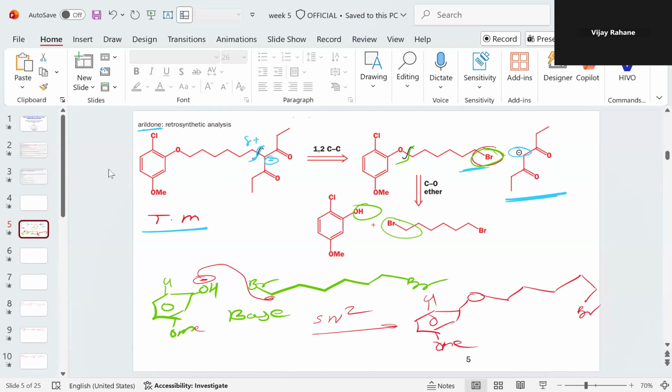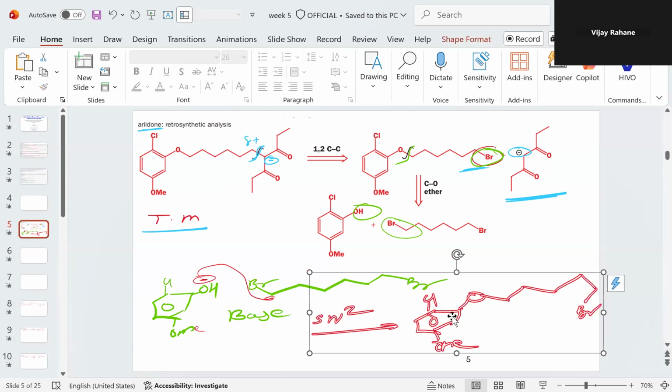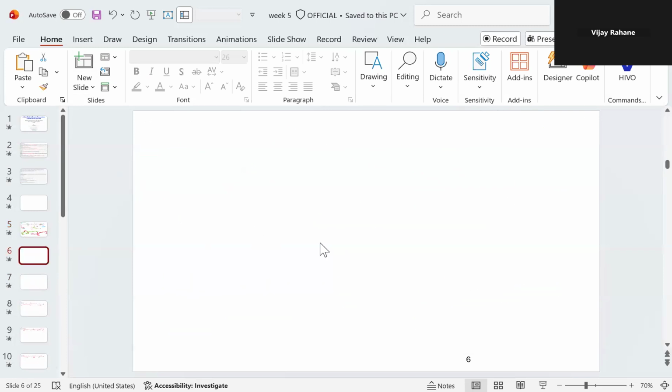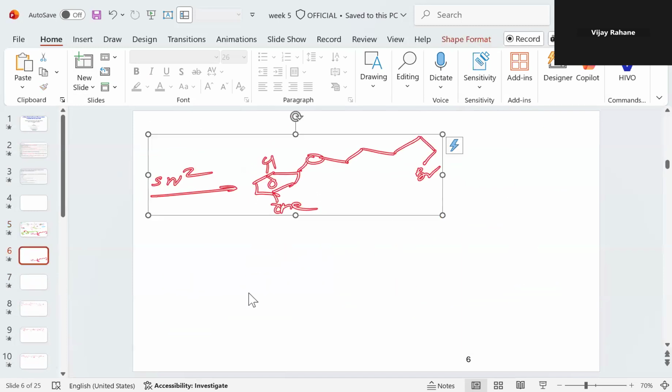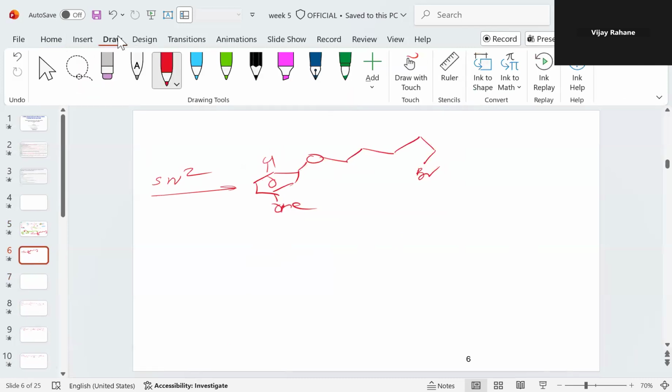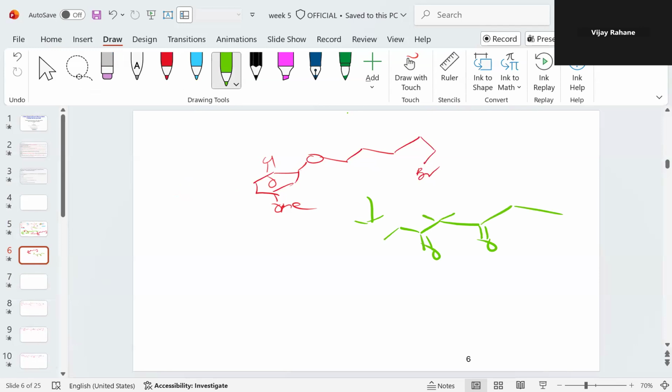But now in this case, it is the keto version of this compound. So after treating this compound with this diketo compound, in the presence of base, we can get the product.